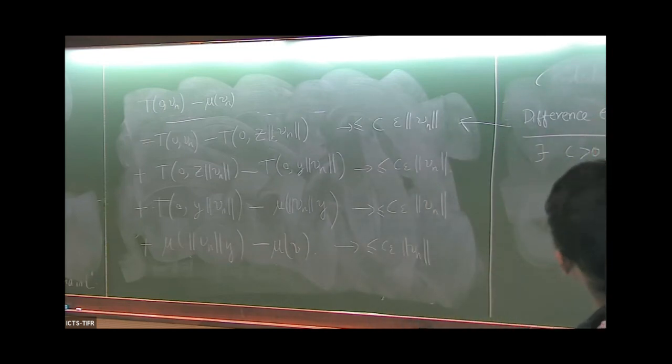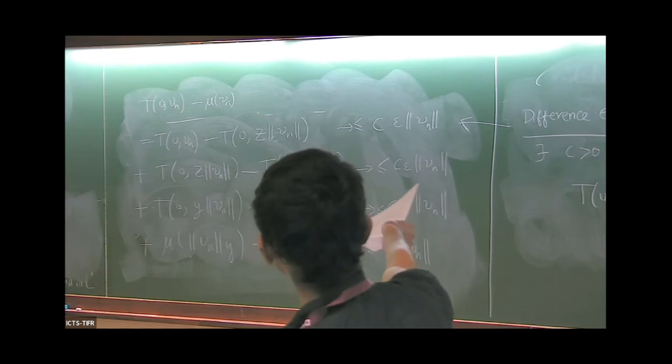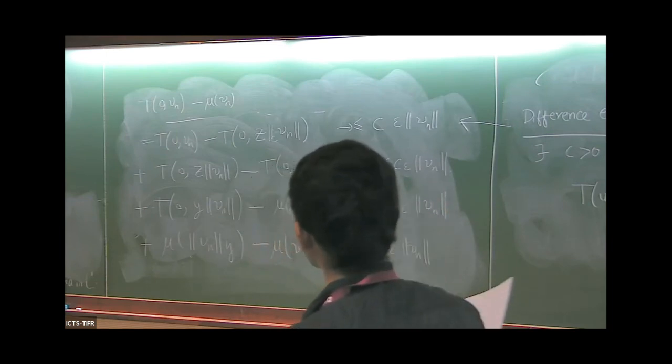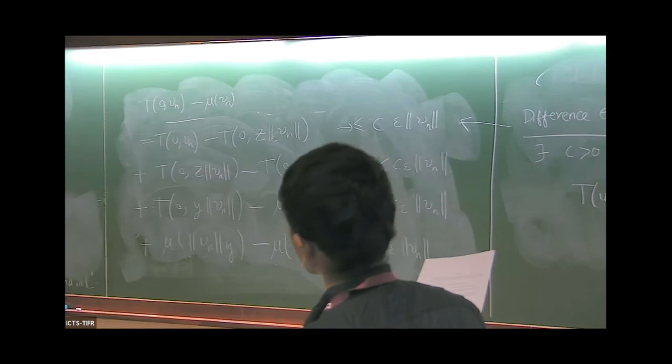So the first two I get of the order of epsilon times norm of Vn by the difference estimate, whereas for the final two, one is by hypothesis that convergence happens across all rational directions, and the second is by uniform continuity of mu. So putting all this together, I get that T0 Vn minus mu Vn is upper bounded by some C prime times epsilon times norm of Vn.